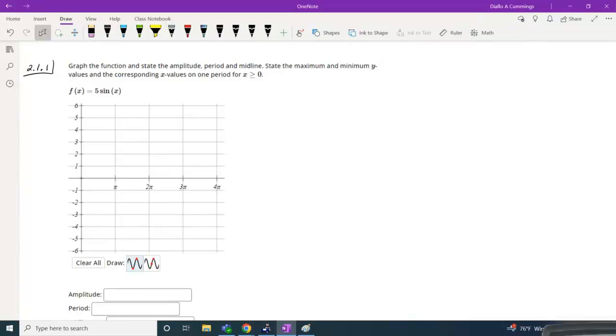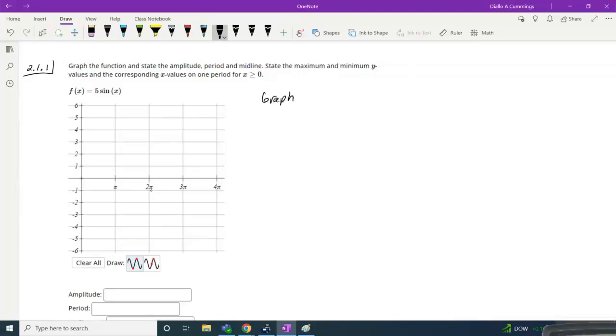State the maximum, minimum, and the corresponding x values on one period for x greater than or equal to 0. We're going to follow those exact same steps we did before. We're going to sketch it out by hand, and then we're going to take a look at how to actually put it on the computer.